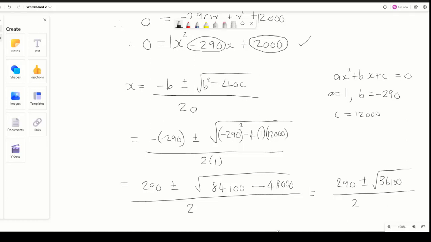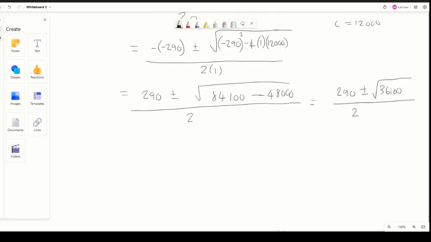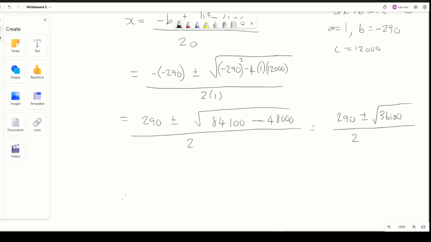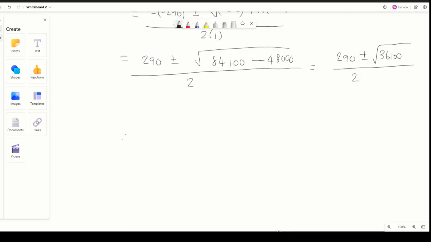Okay, can you now give me your final answer there? You'll have two answers. Remember, this x is the speed. Thus, x is equal to that, or x is equal to that.